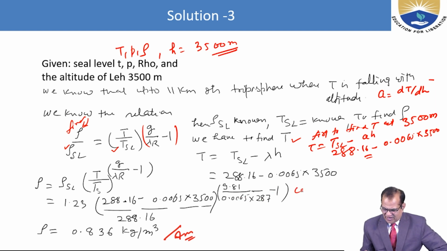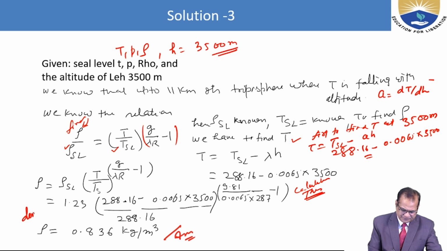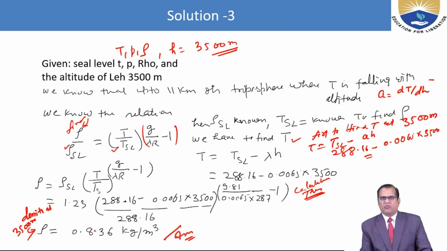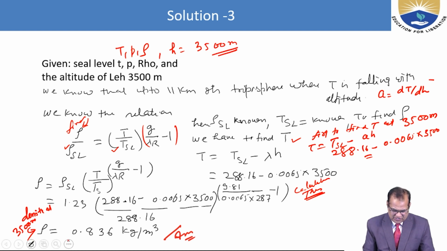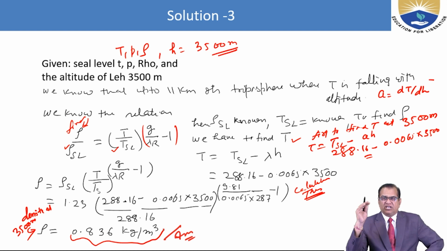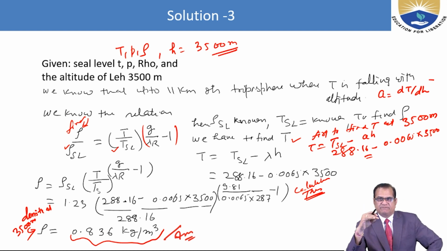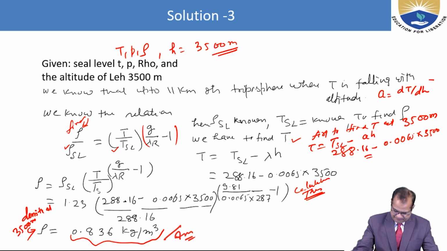If you calculate this, we will get the density at 3500 meter as rho equal to 0.836 kg per meter cube. So this is our answer: at 3 kilometer the density of the atmosphere will be 0.836 kg per meter cube.